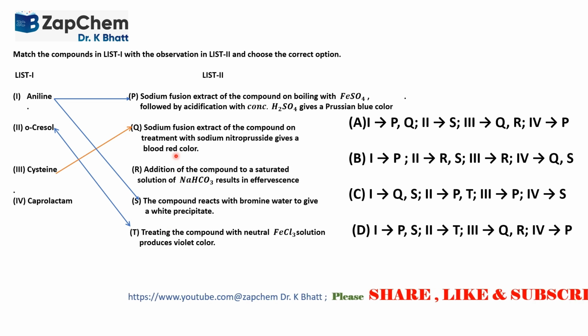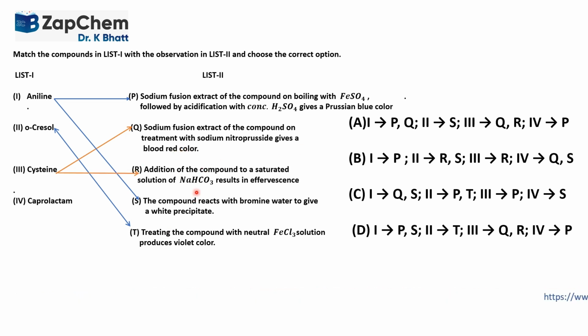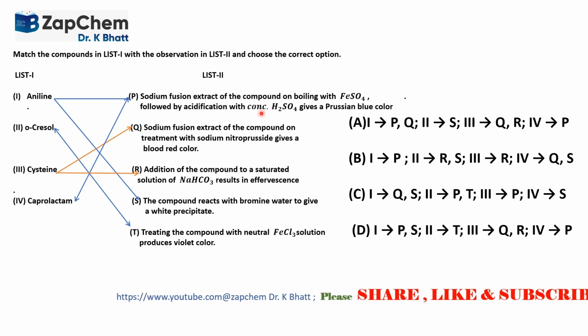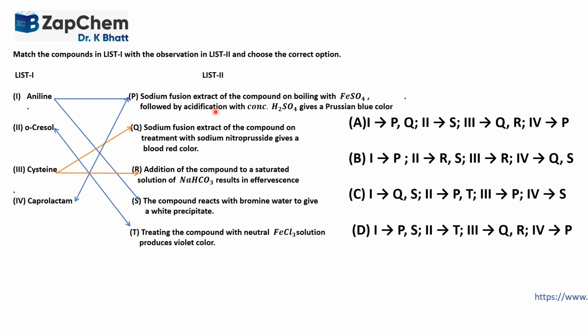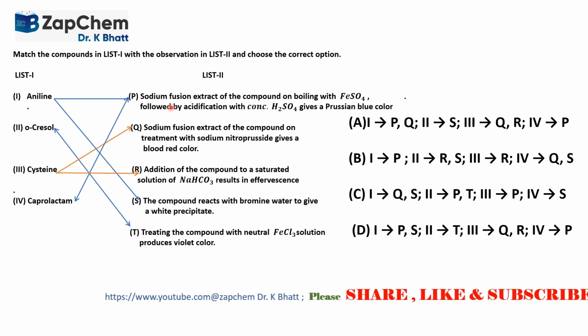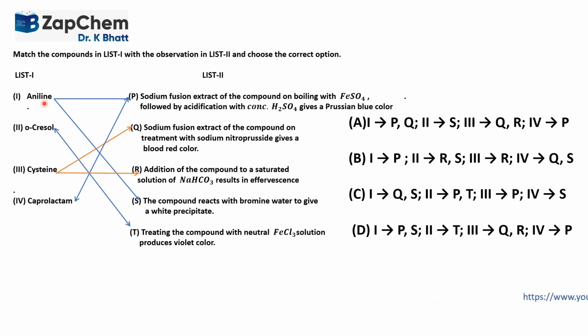Cysteine matches with sodium fusion extract with blood red color and also matches with sodium bicarbonate causing effervescence. Caprolactam matches with P, sodium fusion extract of the compound on boiling with ferrous sulfate followed by acidification with concentrated sulfuric acid gives a Prussian blue color. So all the properties and the results of the observations are matched with the respective compounds over here.